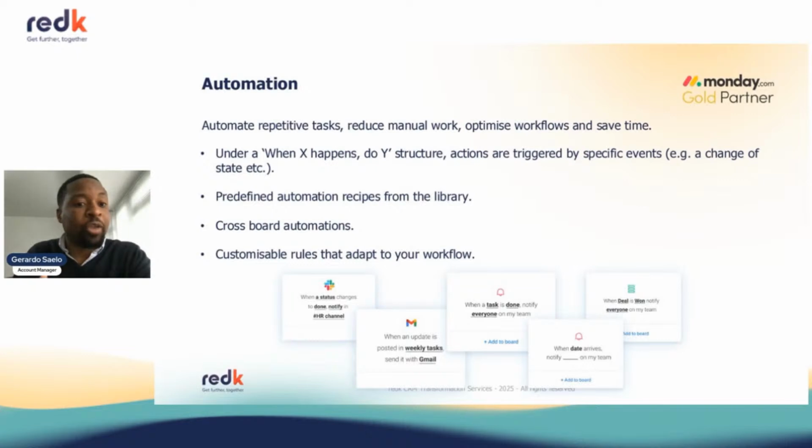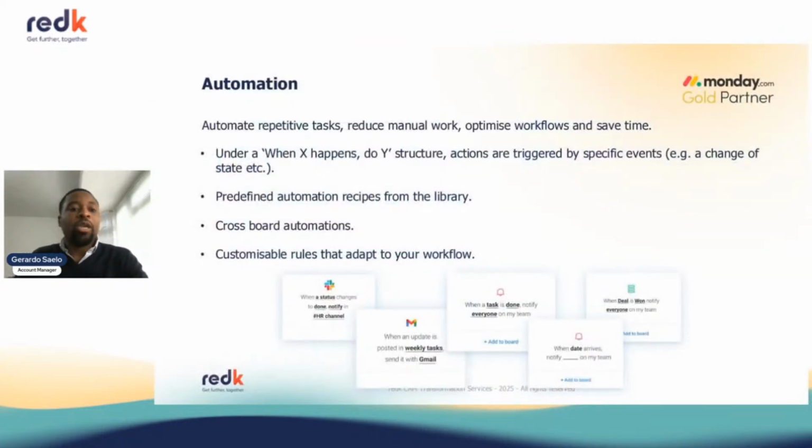And you can also create and customize your own automations based on your workflows and the way your processes are structured. There are also cross-board automations: not just within one board, but automations that move the workflow across different boards, different projects, etc.